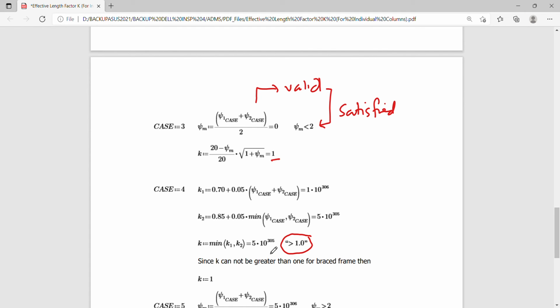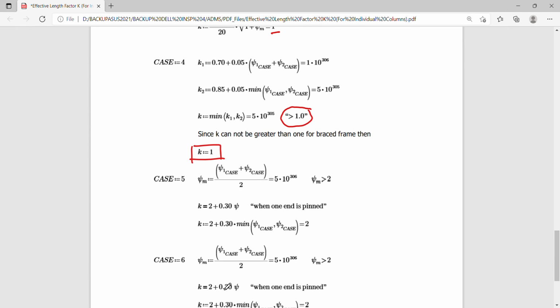But since this is bigger than 1.0, then automatically your K is plugged to be equivalent to 1.